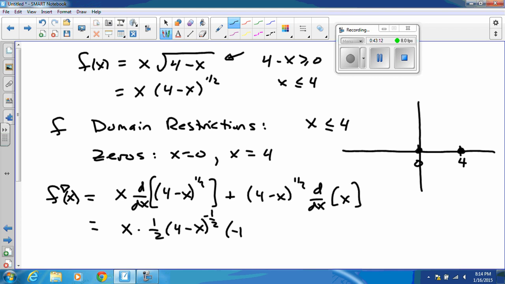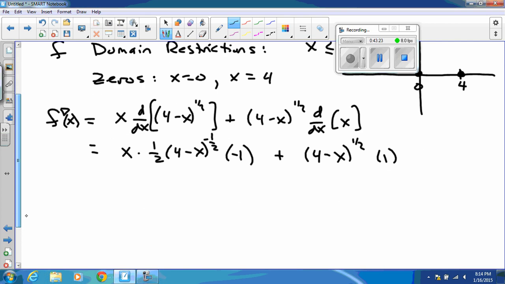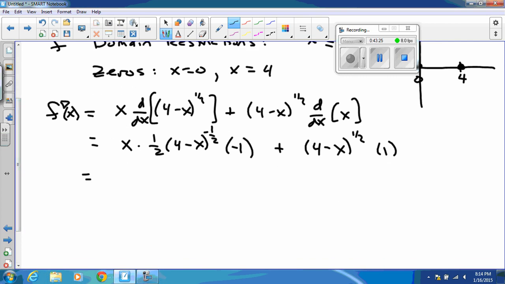So we have first times the derivative of the second plus the second times the derivative of the first, which gives us x times 1/2 times (4 minus x) to the minus 1/2 times the derivative of the inside, plus (4 minus x) to the 1/2 times 1.